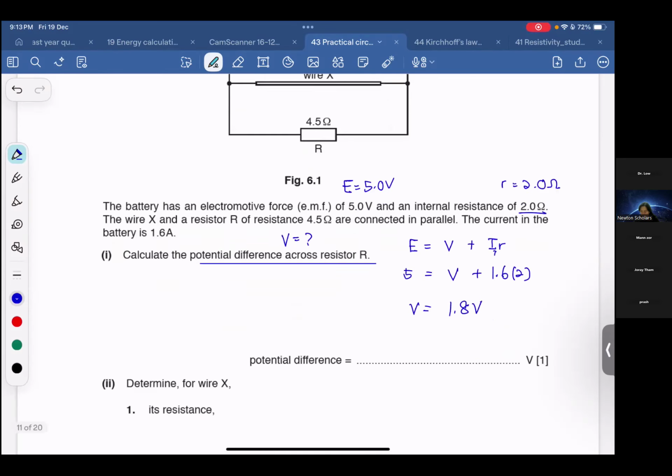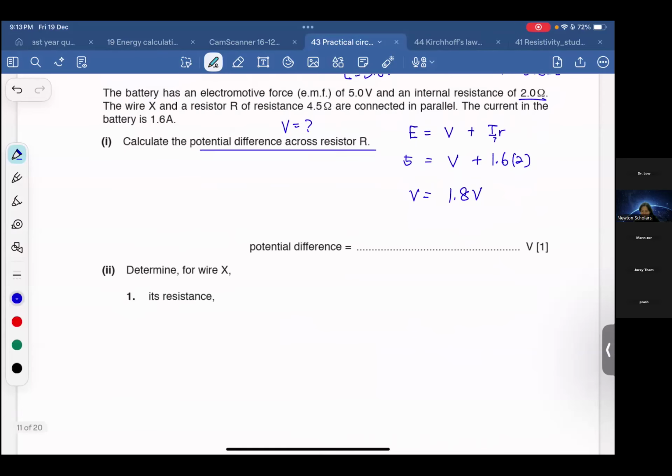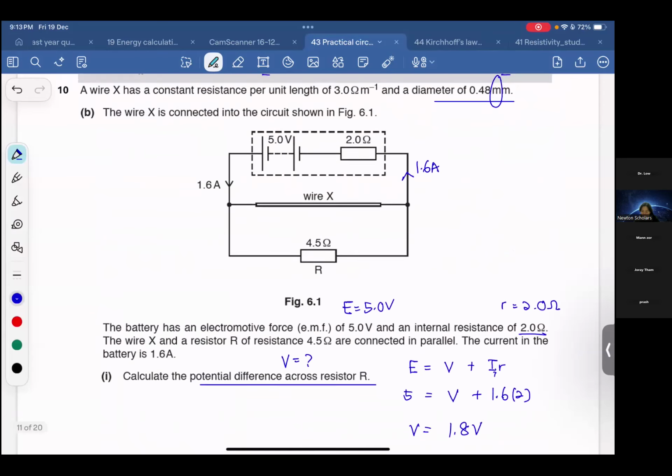Okay, so next, determine for the wire X. What is the resistance? What is this R?